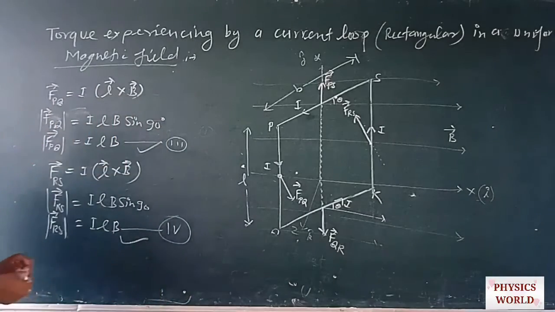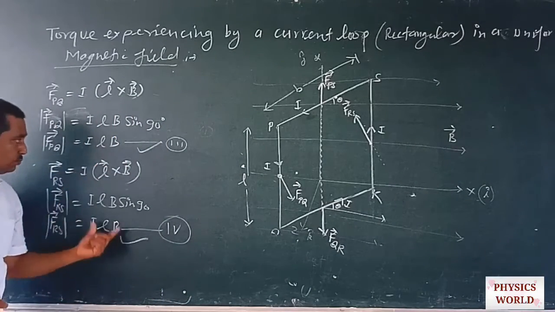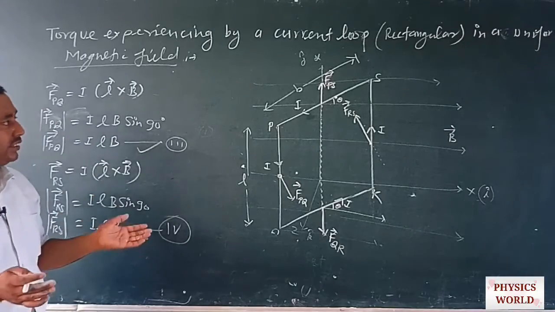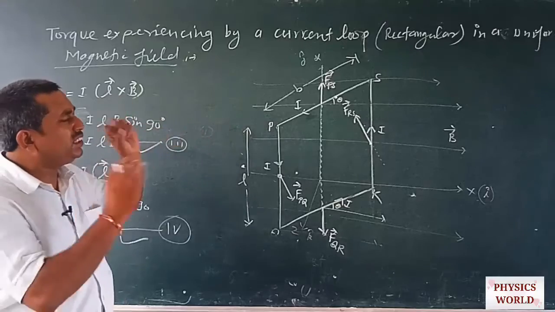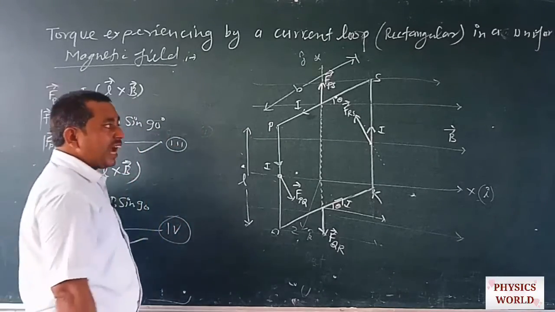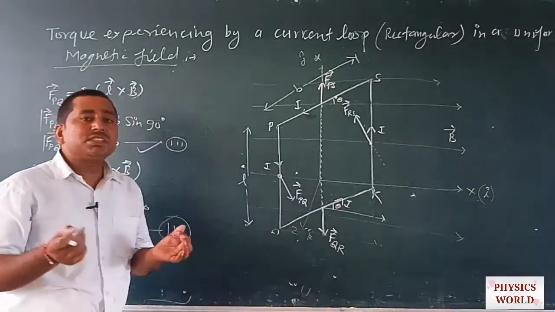Okay, so from here we see that the magnitudes of these two forces are equal and opposite, hence they cancel out each other's effect, hence the net force acting on the rectangular coil is 0. But due to the separation between the lines of action of these two forces, they produce some torque.